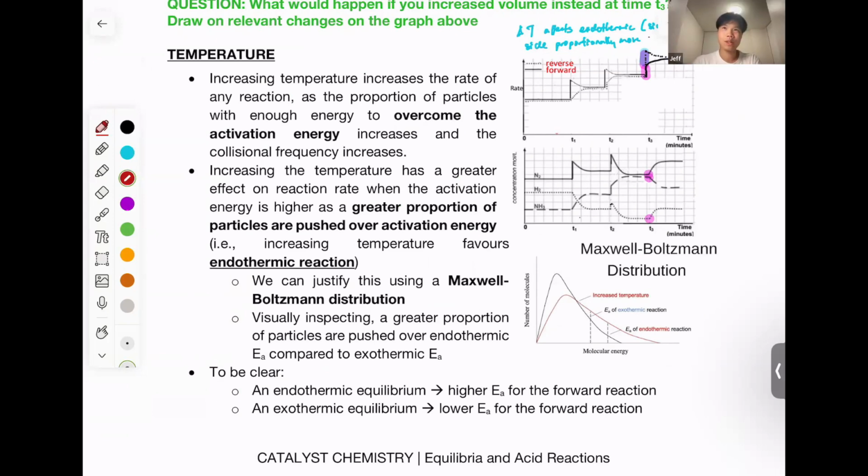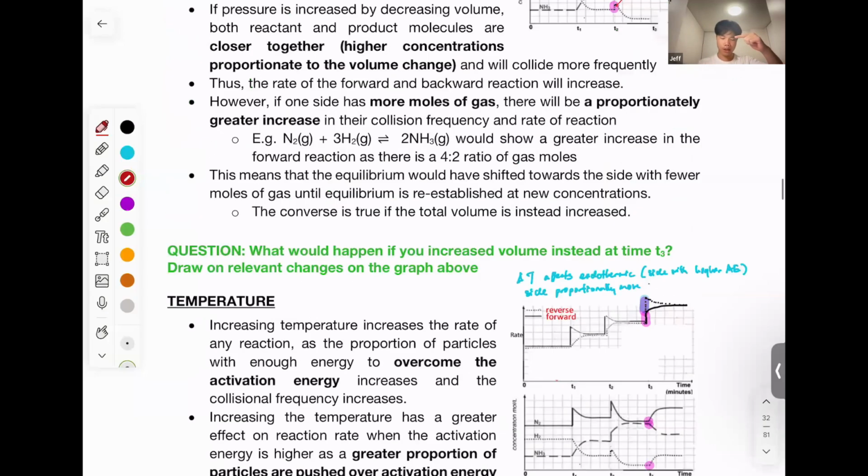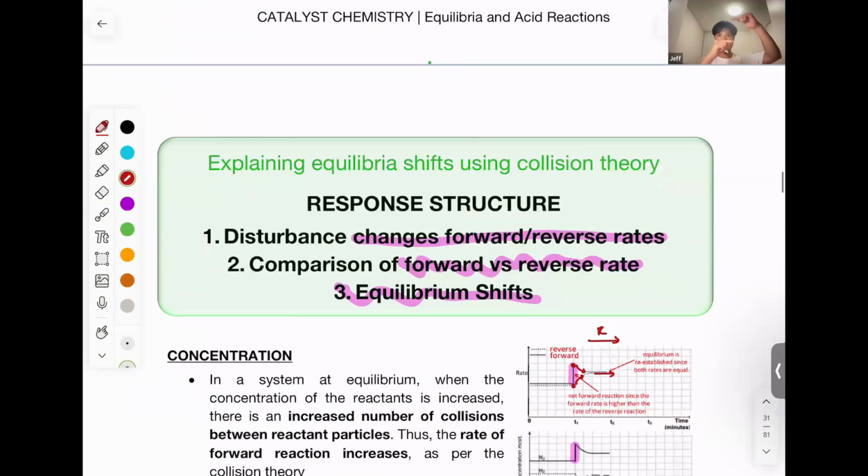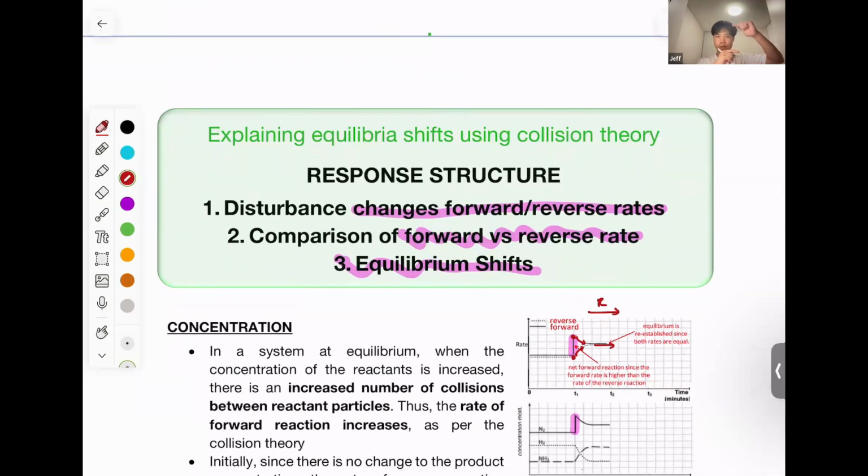Yeah. So best practice is you establish there's a difference of rates. And then part of explaining this final thing of equilibrium shifting, if you wanted to be very thorough, you would say equilibrium shifts, say, to the right, which means that the forward rate decreases whilst the reverse rate increases until they reach an equal rate and reestablish equilibrium.